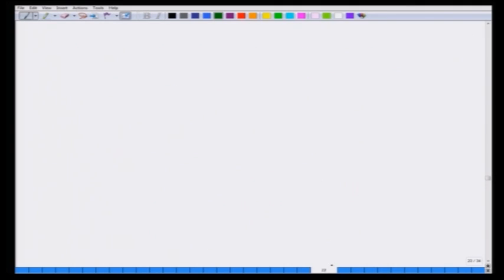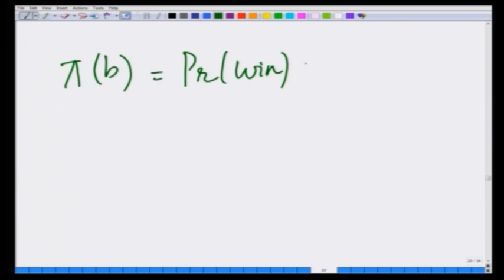So, the net payoff pi of B to player 1 equals the probability of winning the auction times V1 minus B. What is pi of B?